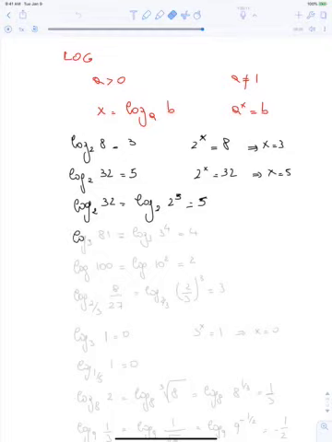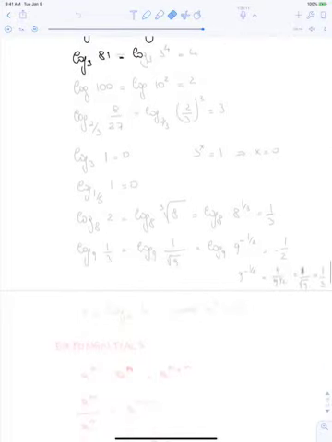The log base 3 of 81 is equal the log base 3 of 3 power 4, which is equal 4. The log, if I don't write anything, it's going to be base 10, of 100 is the log of 10 power 2, which is equal 2.